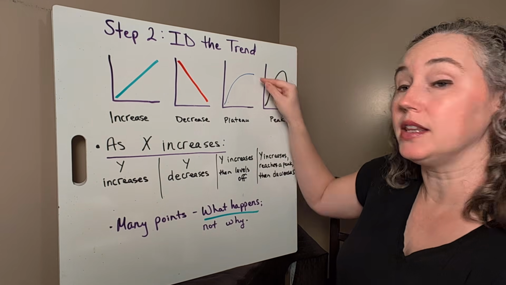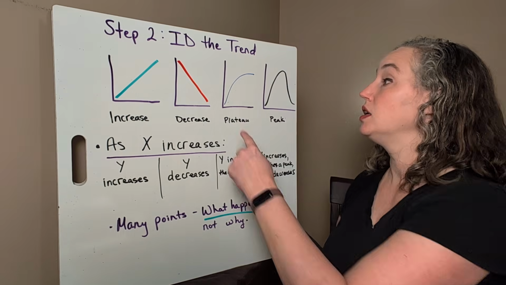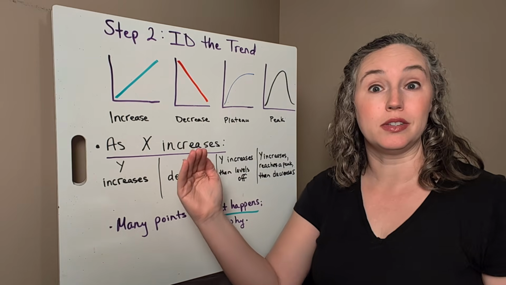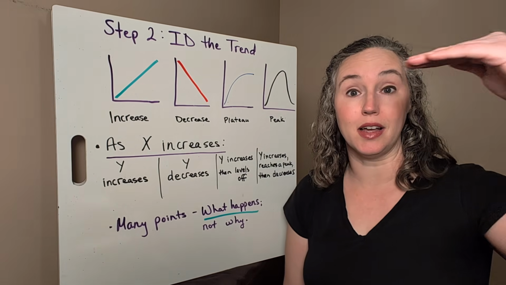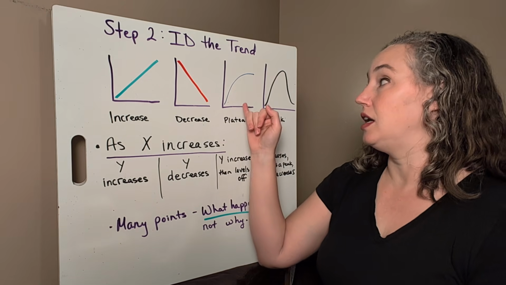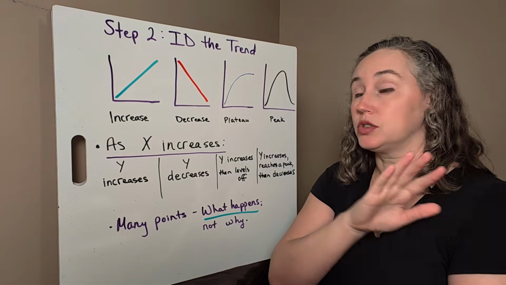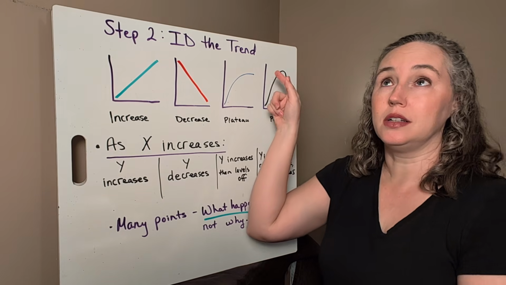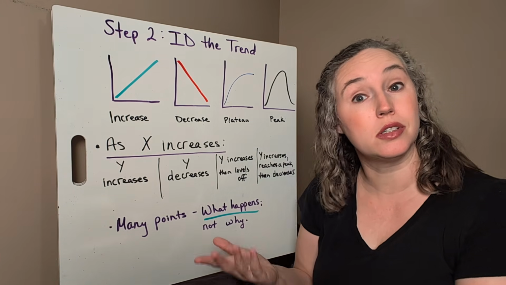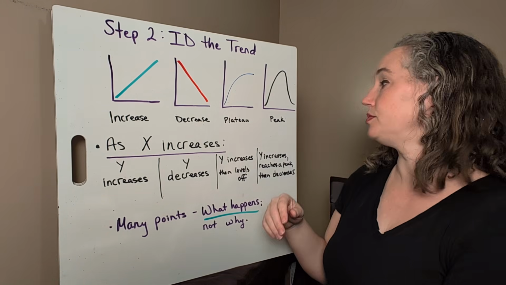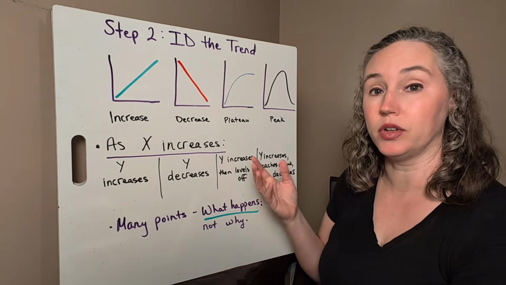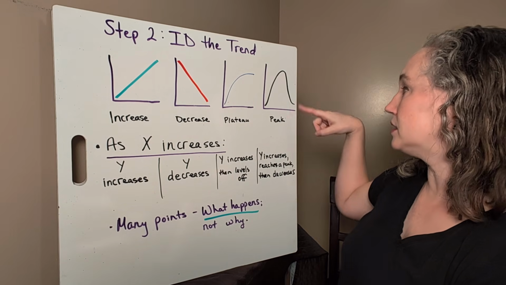When you see a shape like this, like the one we saw on the previous board, that is a plateau. So we see an increase, and then at some point it levels out. You're going to see this in that enzyme situation I just showed you, when enzymes are saturated, or you will also see a plateau in a logistic growth curve for a population, and maybe other scenarios. And then this is a peak.